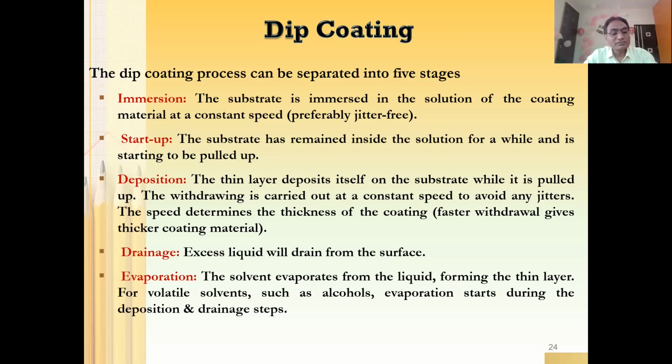For volatile solvents, such as alcohol, evaporation starts during the deposition and drainage steps. What does it mean? Evaporation means you have taken it out. There would be some residue of solvent, which can be evaporated at normal temperature.